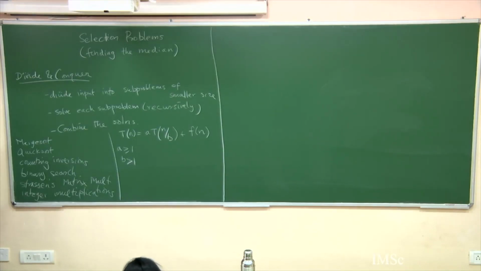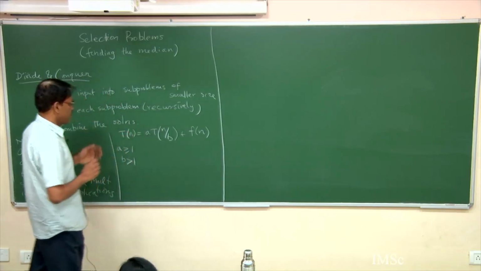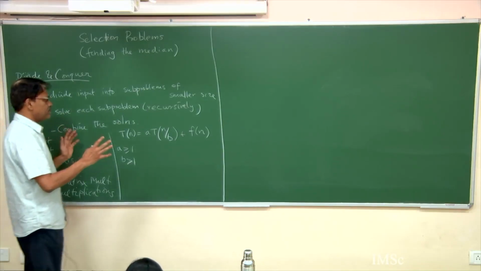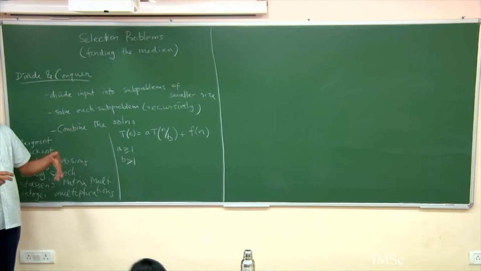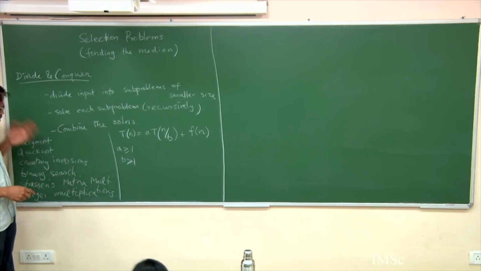So, you are dividing your problem into a different subproblems, each of size n by b, and you solve each one of them recursively and you are combining them using some f of n time, for some function f of n. A typical recurrence relation for a typical divide and conquer algorithm. Not everything will fit into this, but a large class of problems would fit into this recurrence relation.